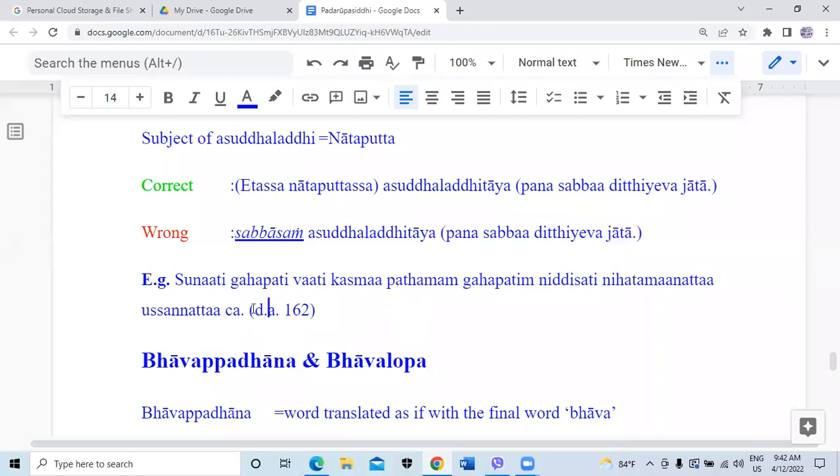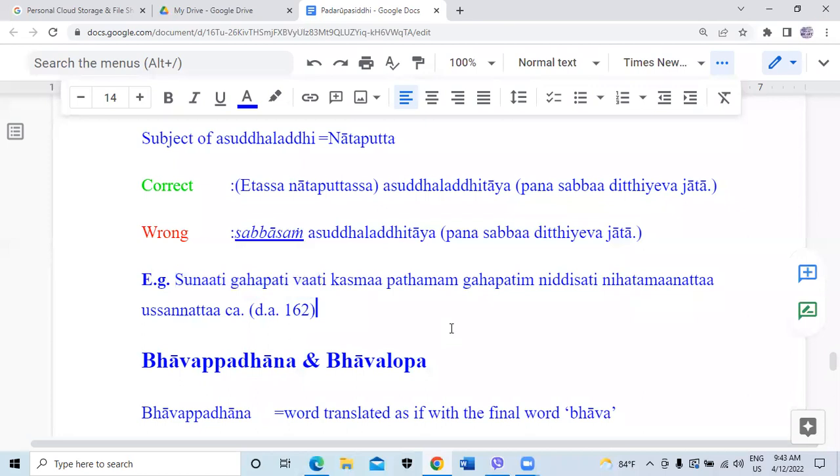Sunati bhavati vati kasama patama bhavati nitisati nida manata usanata. So okay, this is a sound nidaba.